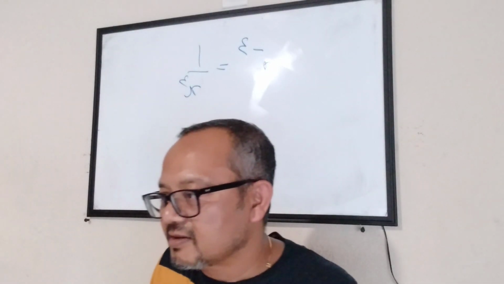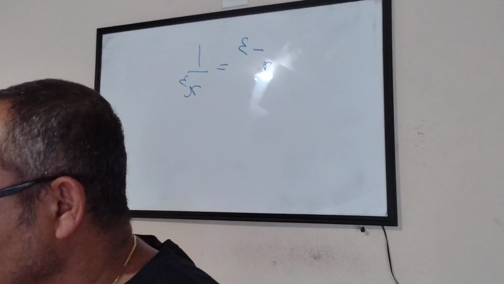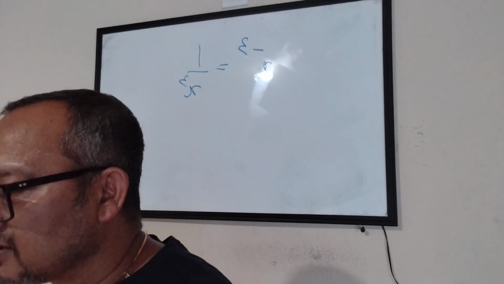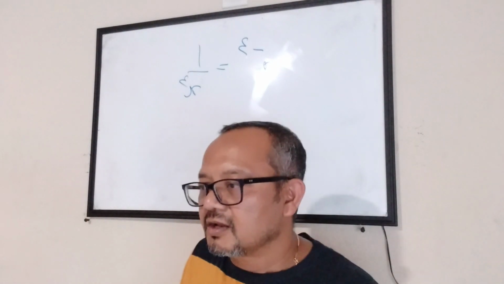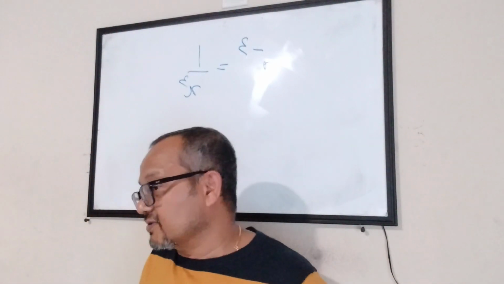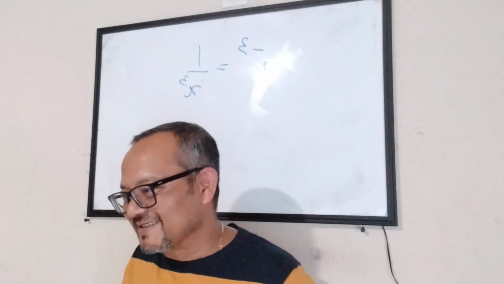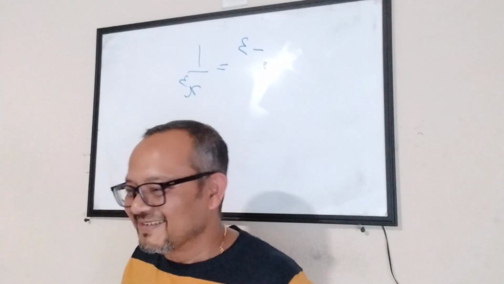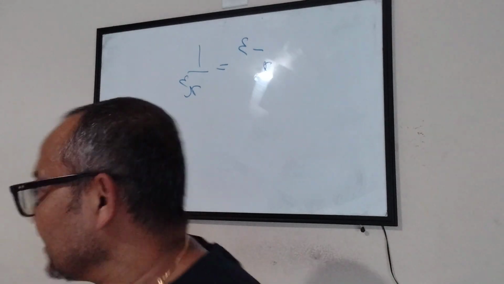Because x to the power minus 3 is the reciprocal of x to the power 3. It is correct, English wise. If I ask you maths wise, what happens? I don't know. So see, these are tiny tricks, okay?